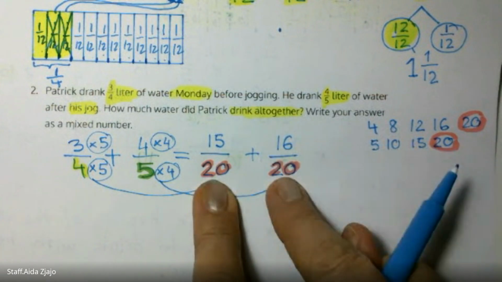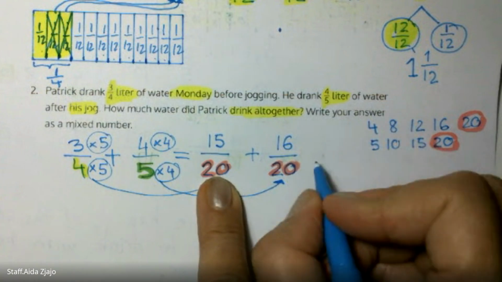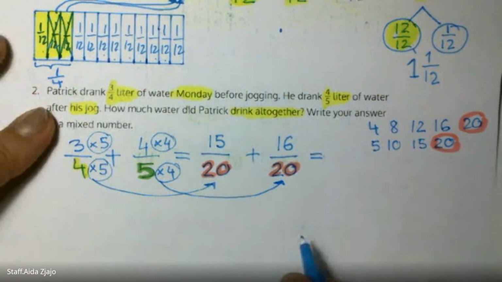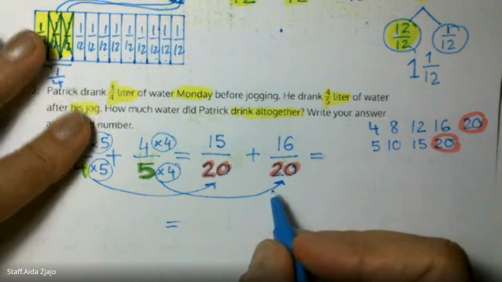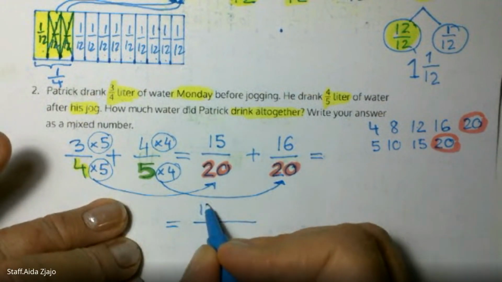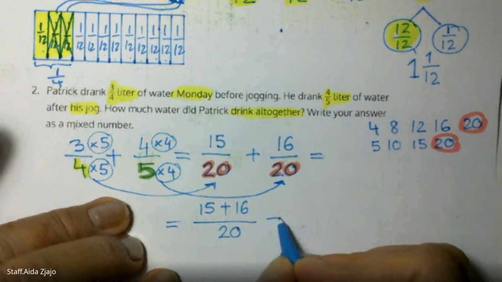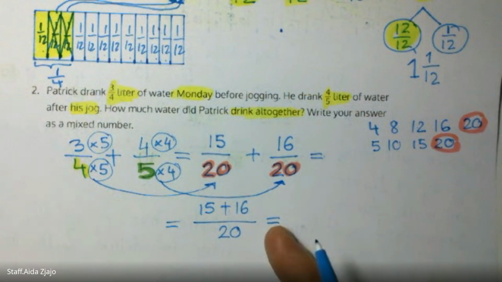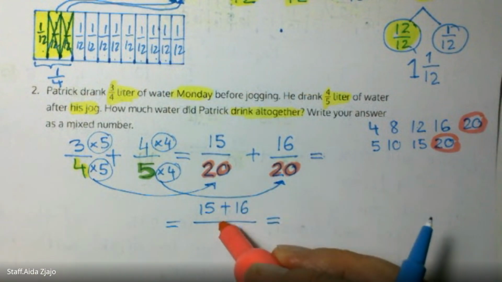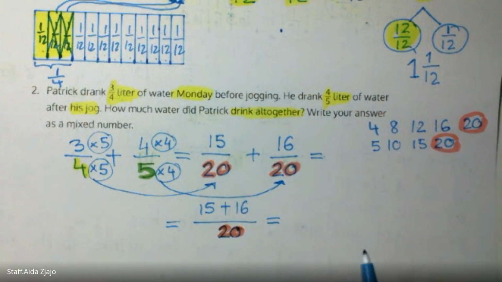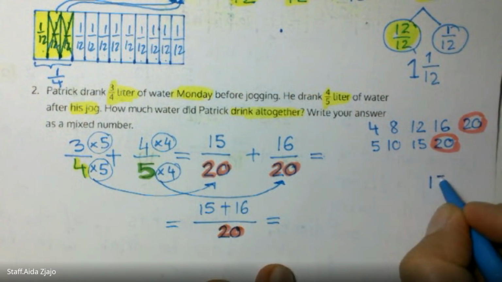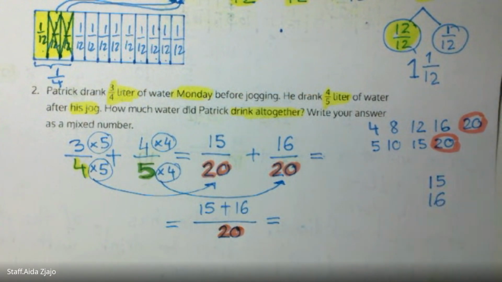When our pieces are the same size, we can add them up. So that is equal to 15 plus 16 over 20. If you still struggle with addition, you can put on the side 15 plus 16.